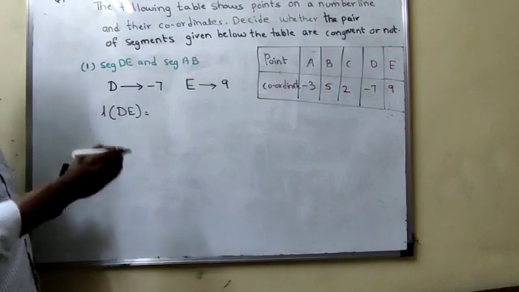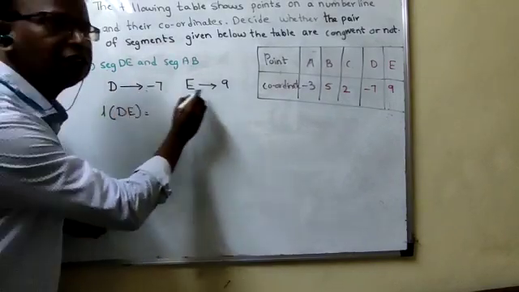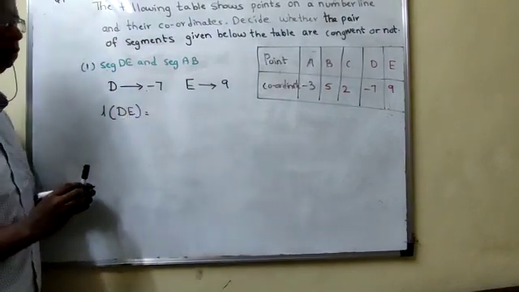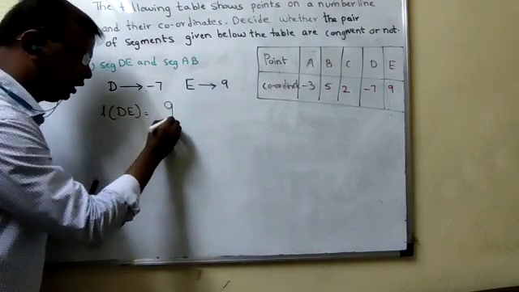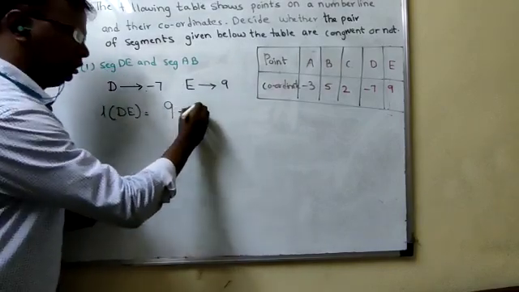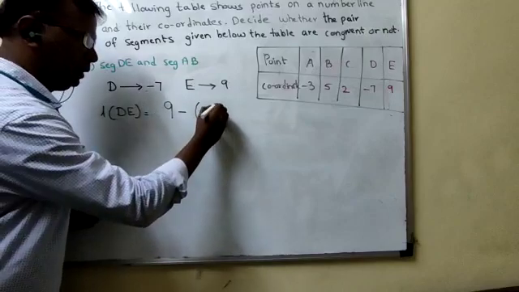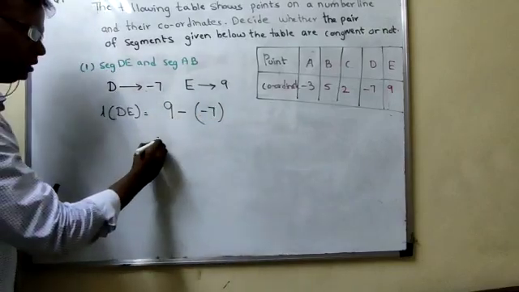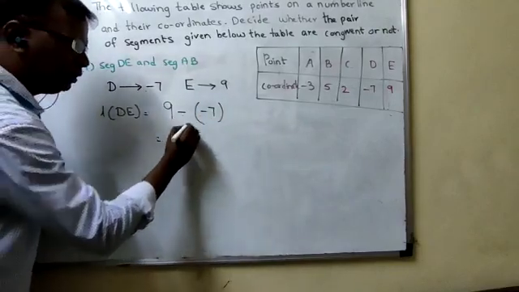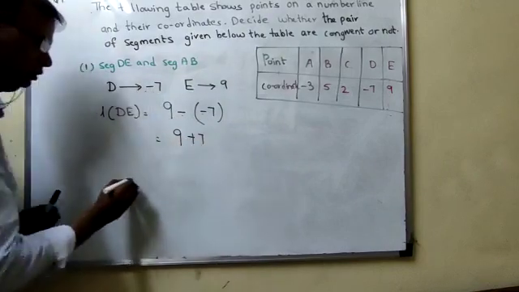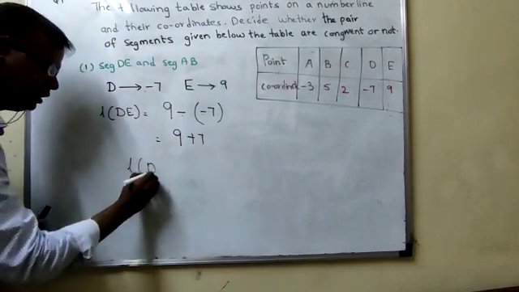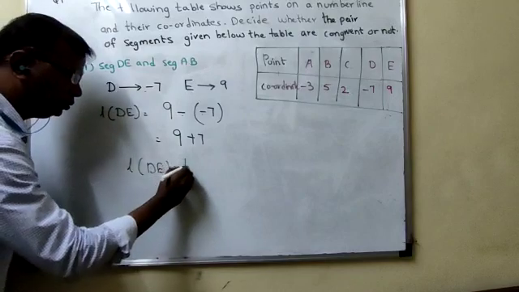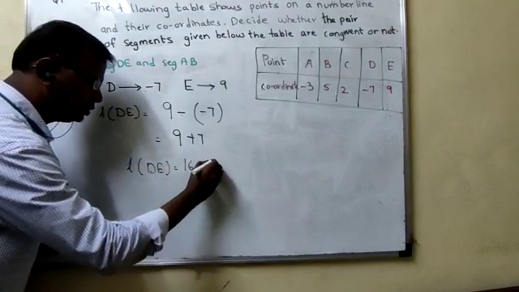Larger coordinate minus smaller coordinate. Which is the larger coordinate, students? 9. So larger coordinate minus the smaller coordinate, -7 in brackets. That is 9, minus into minus plus 7. Therefore the length, or distance, DE is equal to 16 units.